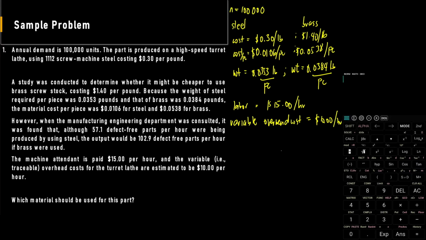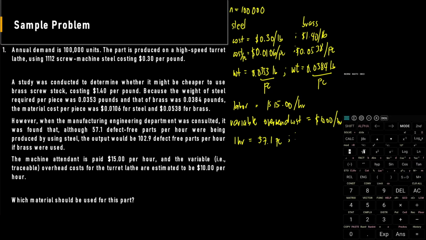So, meron din tayo yung output nila. Yung output for steel equals 57.1, or pwedeng sabihin natin na per hour or in 1 hour, ang mapoproduce ng steel is 57.1 pieces.